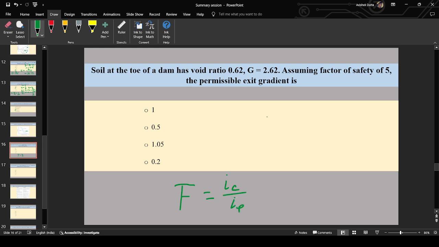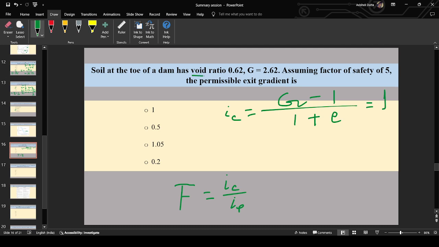Now in this case, for the critical hydraulic gradient, we know IC equals G minus 1 divided by 1 plus E. Now G is 2.62, so G minus 1 will be 1.62, and E is 0.62, so 1 plus E will be 1.62. So IC will be equal to 1.